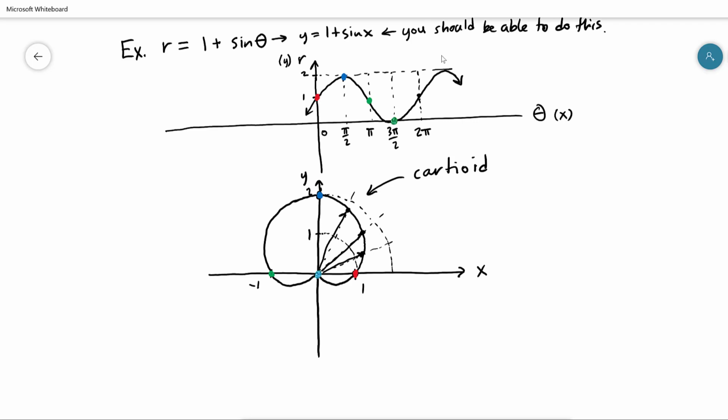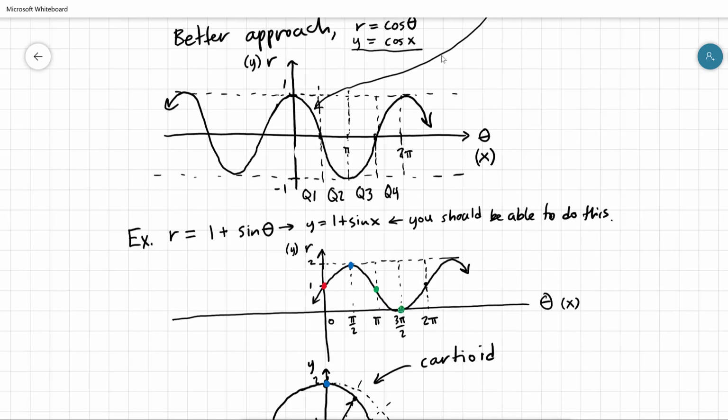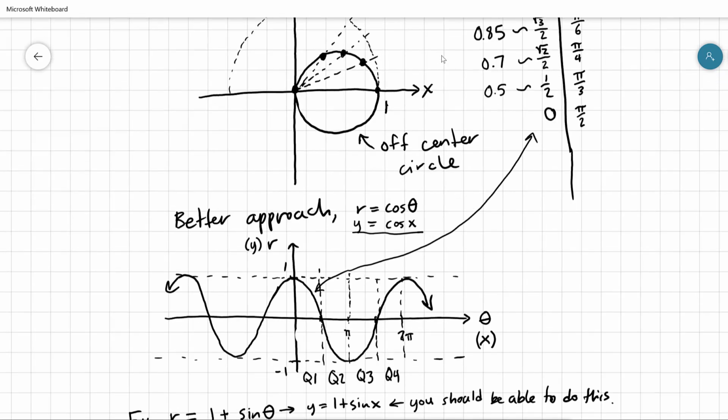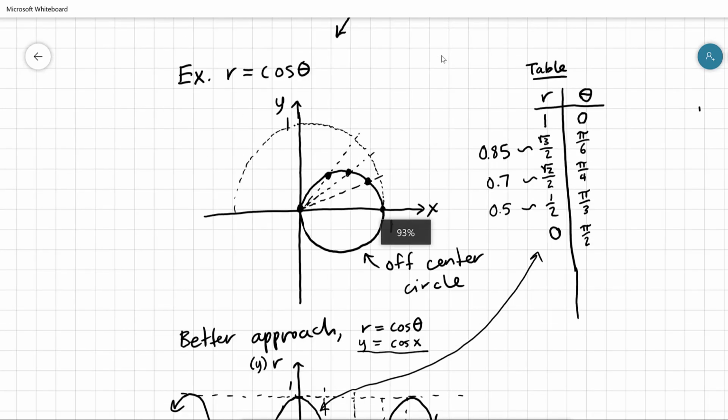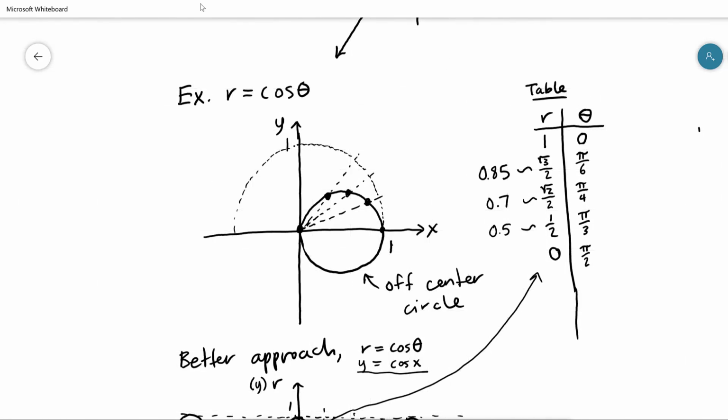One big thing I want to point out between this example and the last. In our third example, R was equal to cosine of theta. We normally associate cosine with the x coordinate, and notice our circle sticks out along the x-axis.